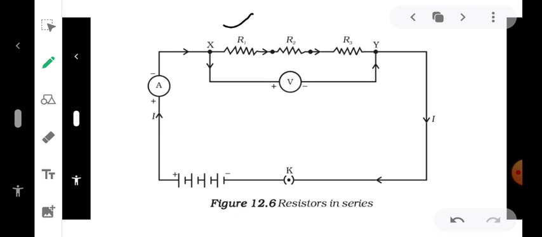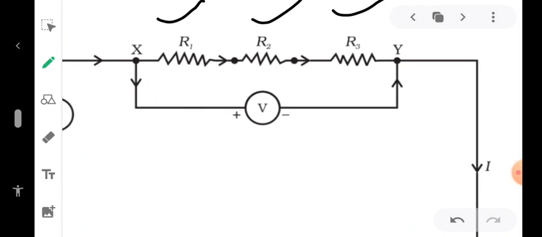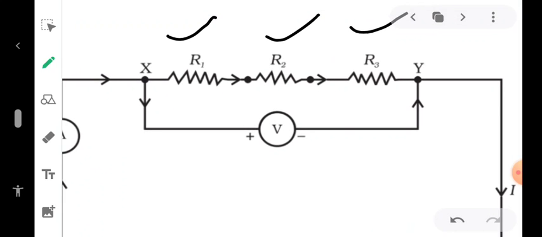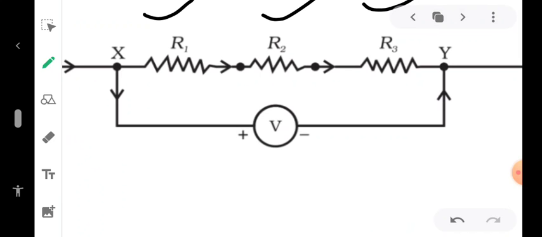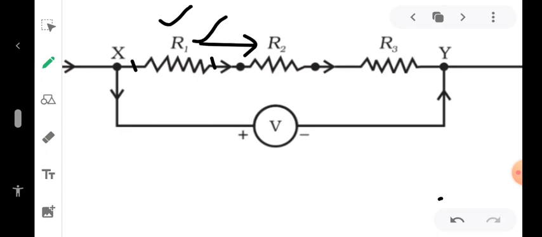This is the first resistor, this is the second resistor, this is the third resistor. These three resistors are connected in series. How is it a series connection? Series connection is nothing but a simple continuous connection. This is the first terminal of the first resistor, and this is the second terminal of the first resistor. This second terminal of the first resistor is connected directly to the first terminal of the second resistor.